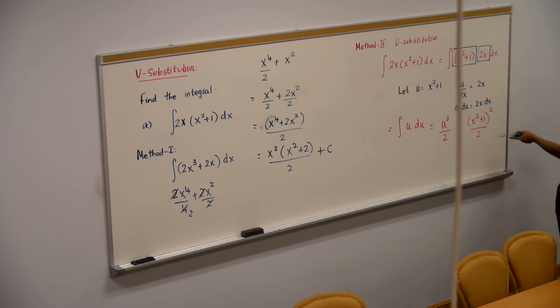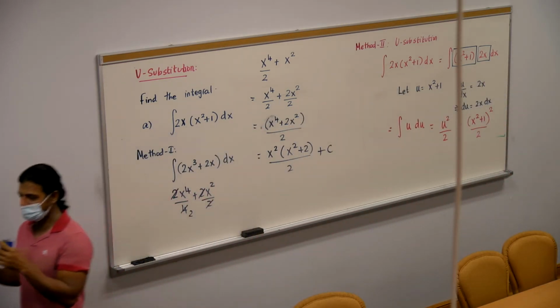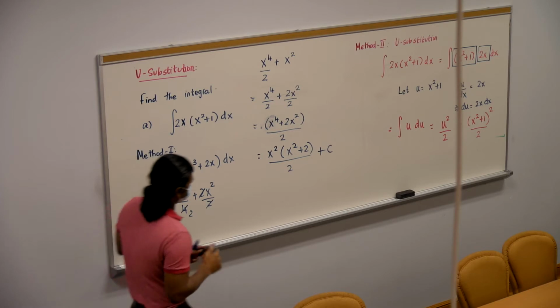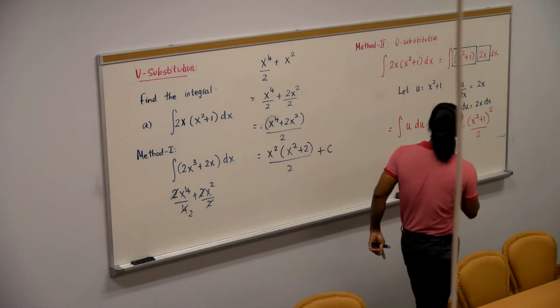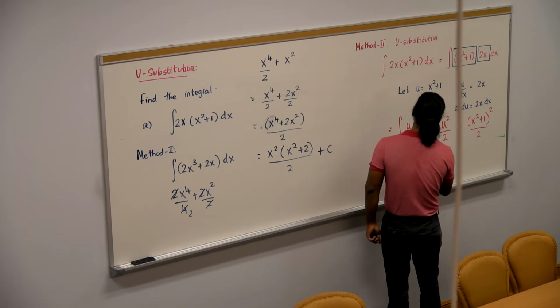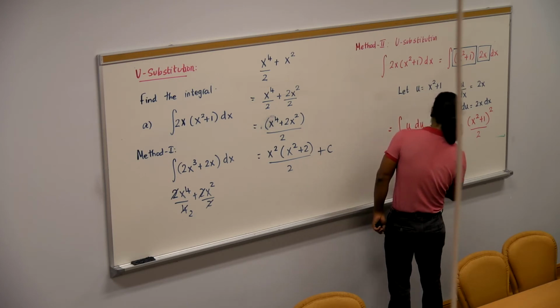Now this answer doesn't look anything like that answer, right? So something seems to be off. Maybe we just have to FOIL and see if everything works out. We didn't do anything wrong. So if I FOIL the numerator, I will get x raised 4 plus 2x squared plus 1 over 2.